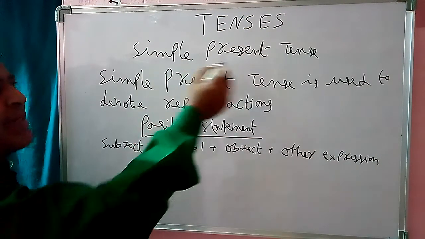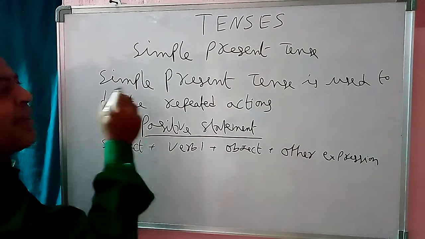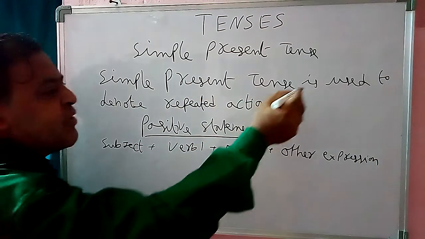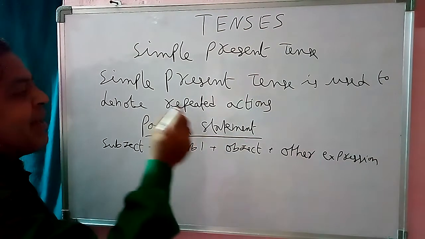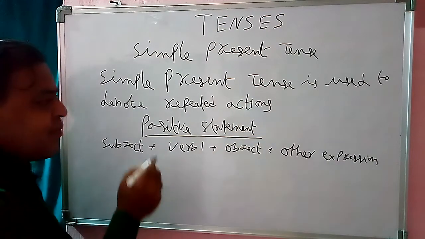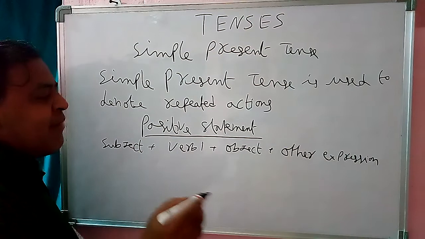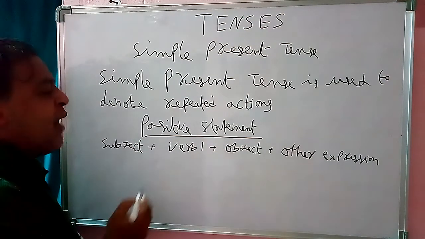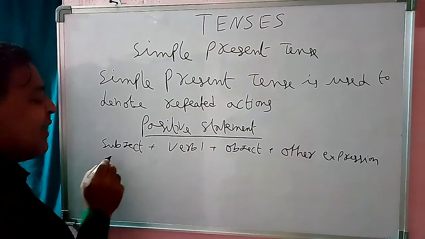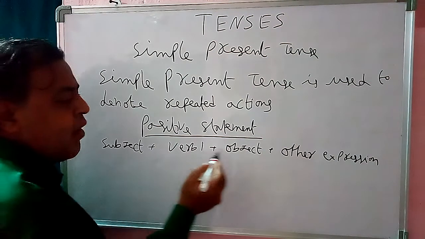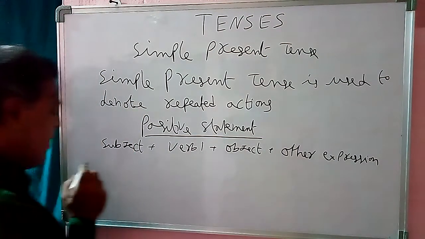Today's topic is simple present tense. Simple present tense is used to denote repeated actions. The first one is positive statement. The rule is subject, verb 1, object, other expression.